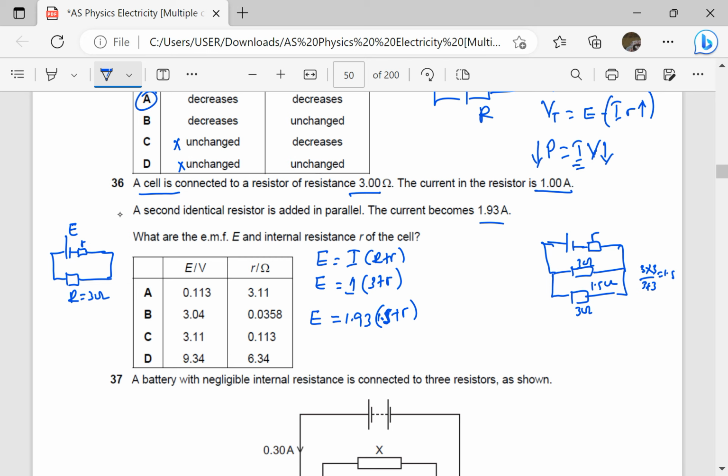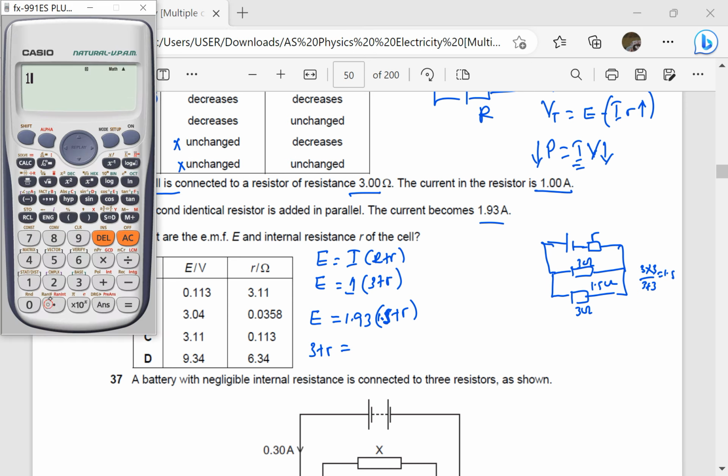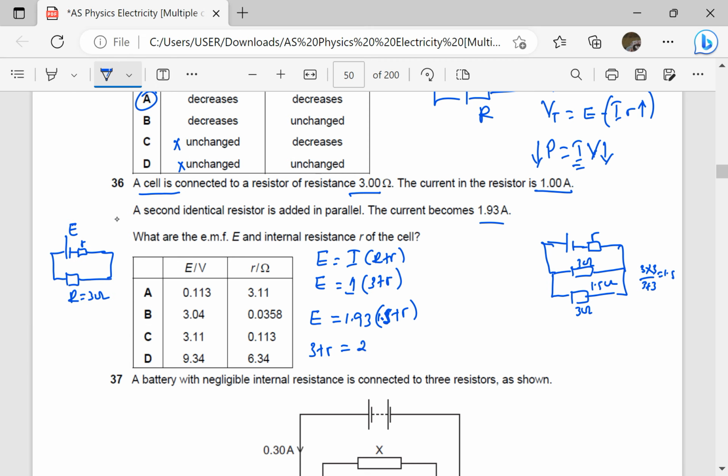I'll just equate them, because E is equal to that and E is equal to that. So I have 3 plus r equals 1.93 times 1.5, which is 2.895, then plus 1.93r.